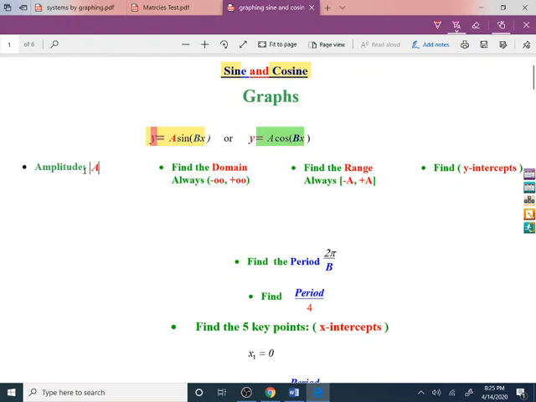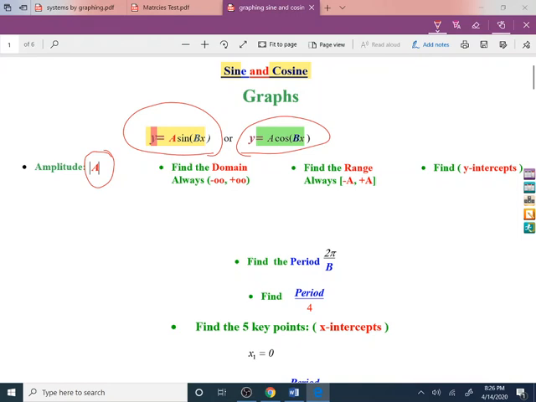As amplitude I use the absolute value of A, because amplitude is a number, a value, a magnitude. I need the magnitude of the maximum value the function sine of x or cosine of x can reach. If A is negative, you take the absolute value and make it positive.